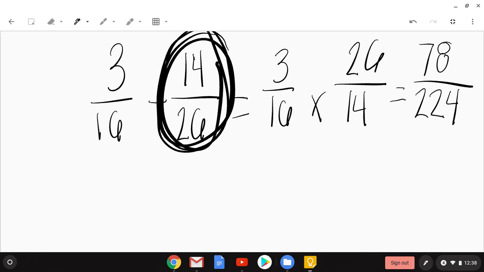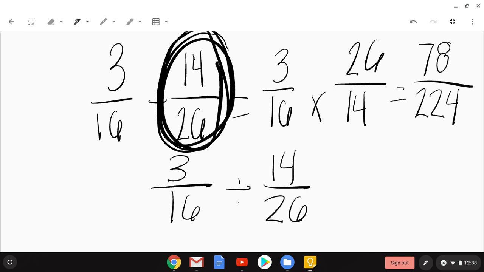So I'm going to rewrite my original equation, which was 3/16 divided by 14/26, and that is equal to 78 over 224.